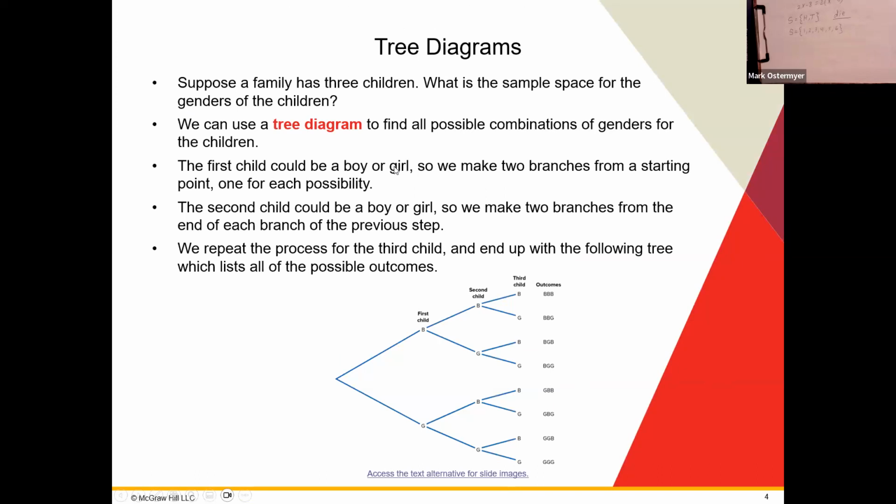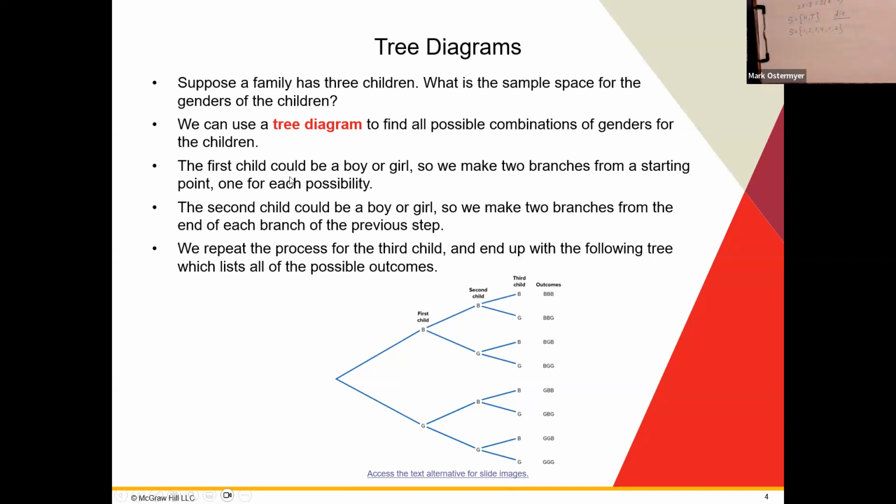Tree diagrams are very useful in helping us to enumerate all the possible outcomes of various probabilistic experiments. To illustrate that, suppose we have a family that has 3 children. What is the sample space for the genders of the children? Well, this tree diagram can help us out.